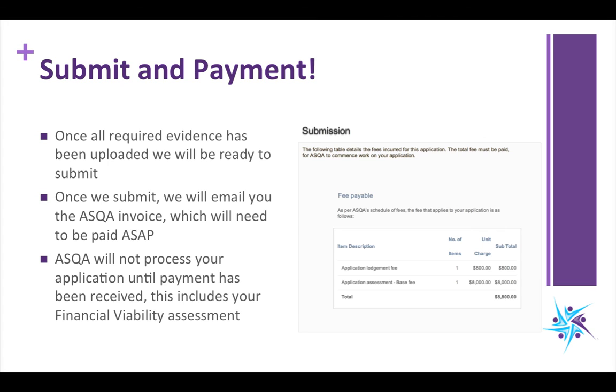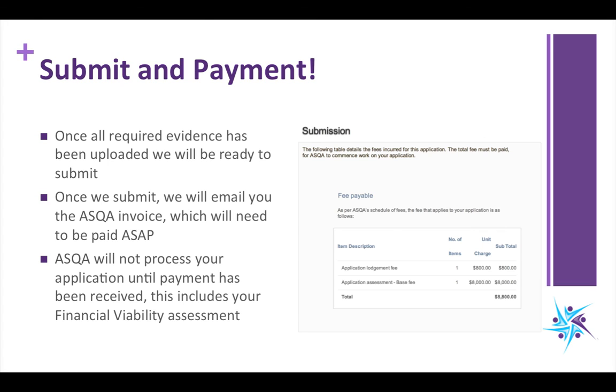If you don't pay that invoice, it's going to hold up the whole process. So ASQA's process is they will not process your financial viability or this application that we've submitted until full payment has been received. So you need to have all three: financial viability, this application submitted on ASQAnet, and you'll need to have paid your invoice. So it's really important when we email this to you that you process the payment as soon as possible.